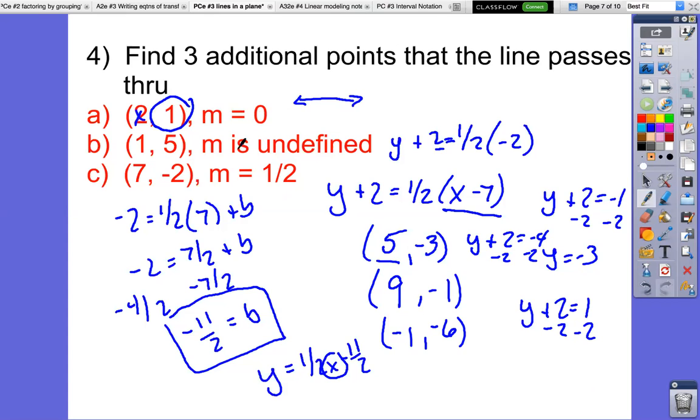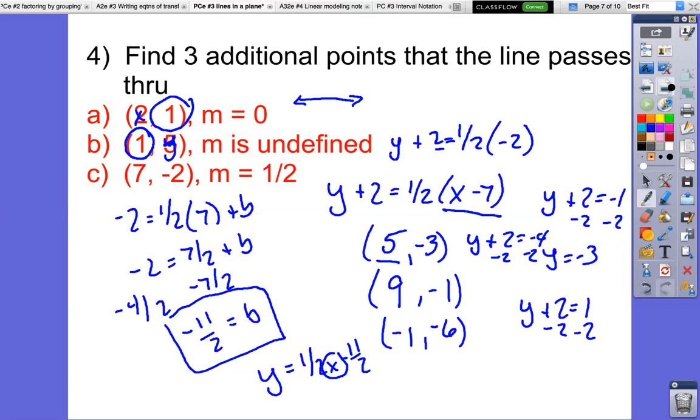If it's undefined, that means your y's are changing and your x value has to stay the same. So you can put anything you want in for y. If they give you a slope that actually is positive, negative, something besides 0 or undefined, write the equation, pick a point for x, and plug it in to find y.